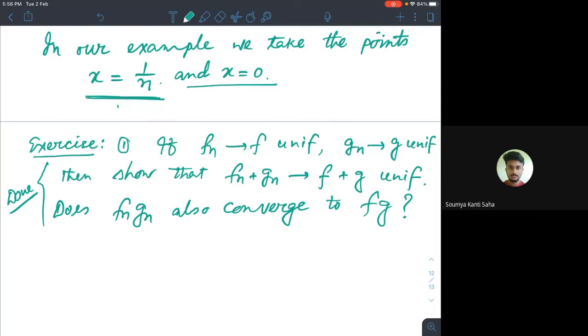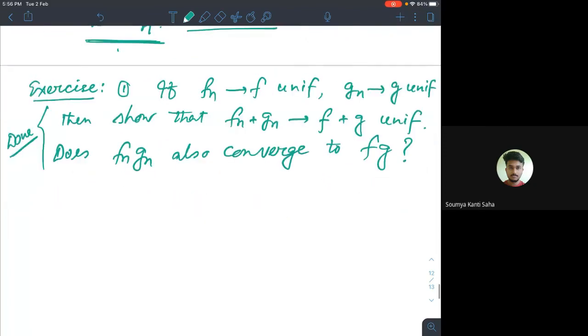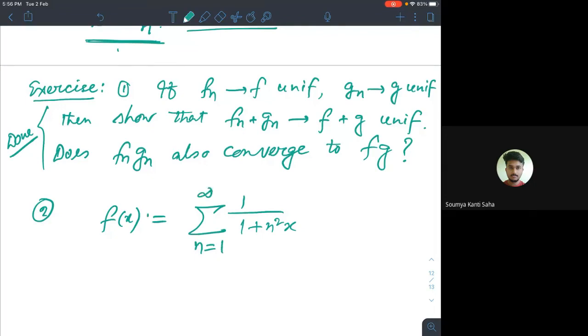I don't know whether I've given this one, because the first assignment had a lot of exercises. Consider this series: f(x) equals the sum of 1 over (1 plus n squared x), for n from 1 to infinity, with x in 0 to 1.